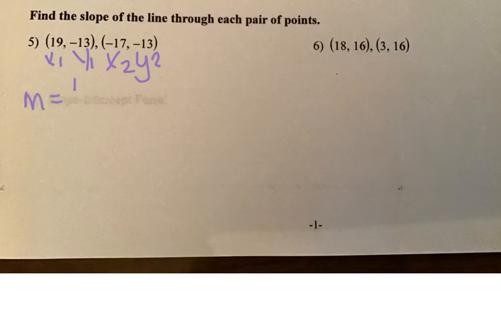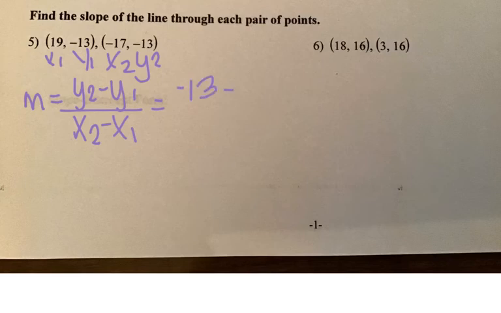M equals y2 minus y1 over x2 minus x1. From there, all you have to do is plug in to your formula. So y2 is negative 13 minus y1 is negative 13 over x2 is negative 17 minus x1 is 19.